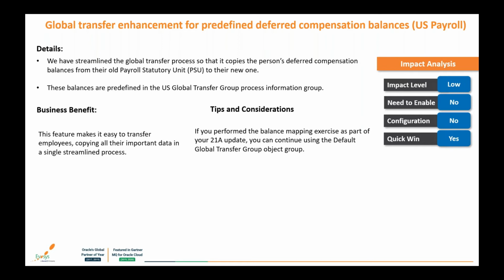So balances will be automatically moved from the old entry to the new entry. This makes it easy to transfer an employee from one PSU to another PSU, one legal employer to another, and helps with global transfers as well. And this is a quick win from Oracle.